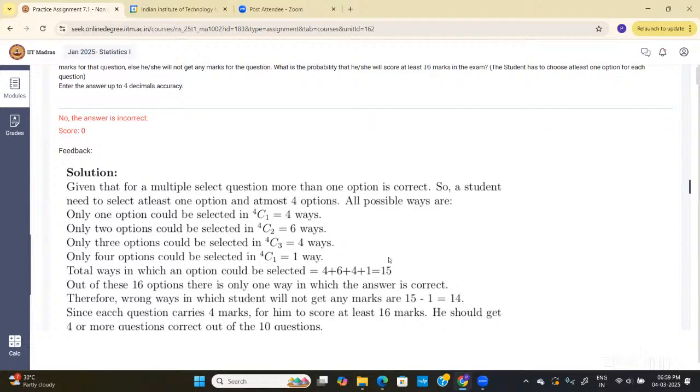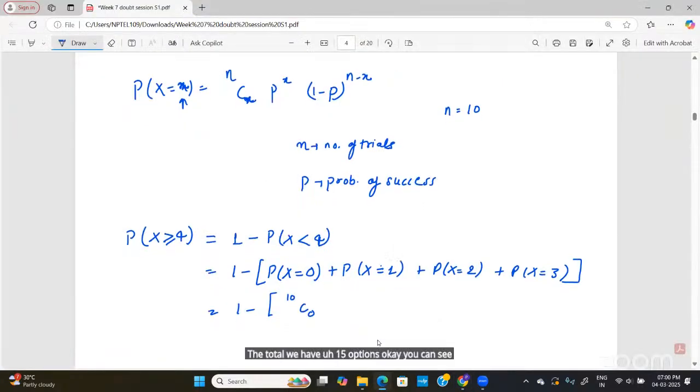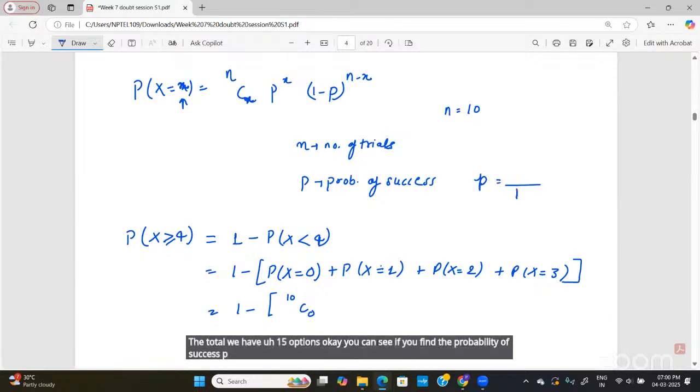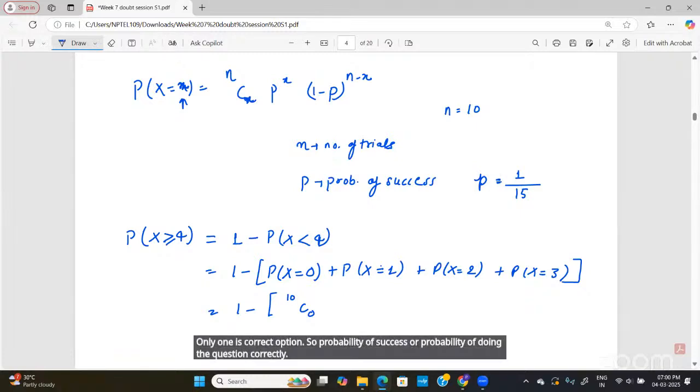So you can see out of the 15, only one option will be correct. So if you find the probability of success P, total we have 15 options. Out of them, only one is the correct option. So the probability of doing the question correctly will be 1 by 15.